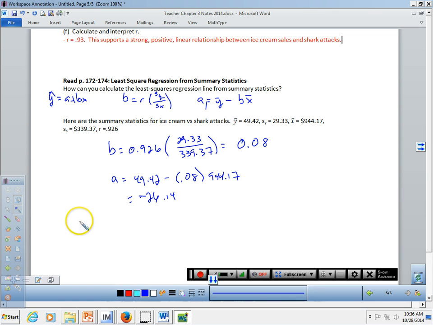Right, which supports what we said before. Attacks hat equals negative 26 plus 0.08 times ice cream sales. Okay? So there you go.